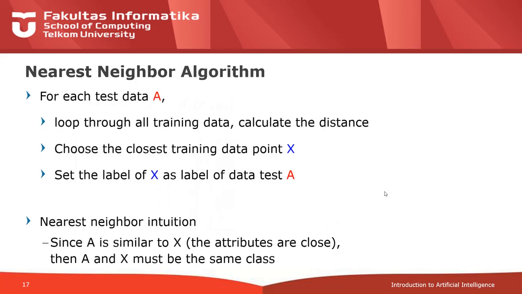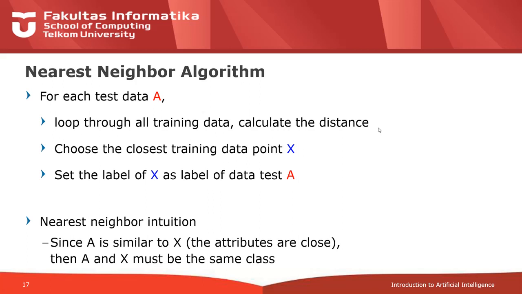Now that we know how to calculate the distance between two sample data, the algorithm itself: for all of the test data, assuming that you have more than one test data, each of the data that you want to test, you loop through all of the training data. In the previous example, we have 20 training data, so we loop through all of the 20 training data and calculate the distance.